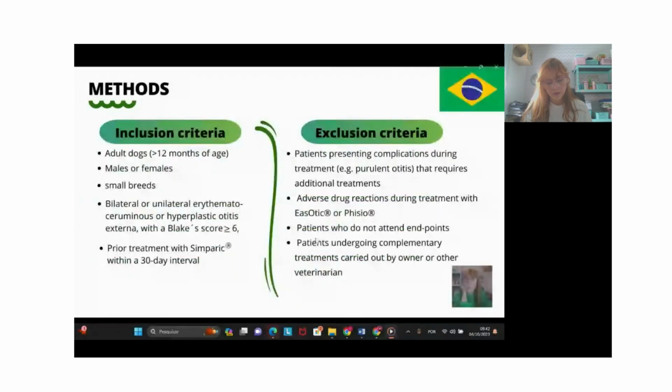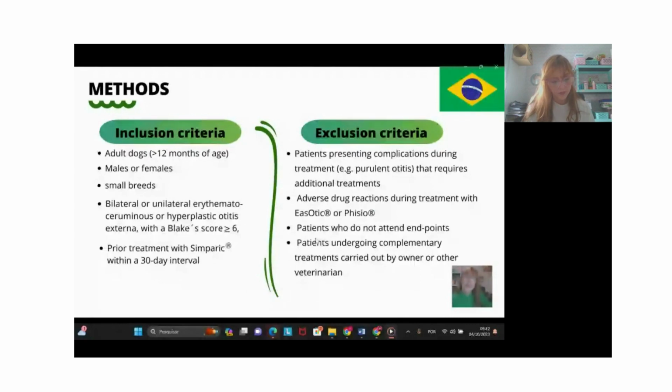Inclusion criteria comprise small breed adult dogs older than 12 months of age, males and females, presenting bilateral or unilateral erythematous, ceruminous, and/or hyperplastic otitis externa, and all dogs should not have been treated with systemic drugs within a 30-day interval.